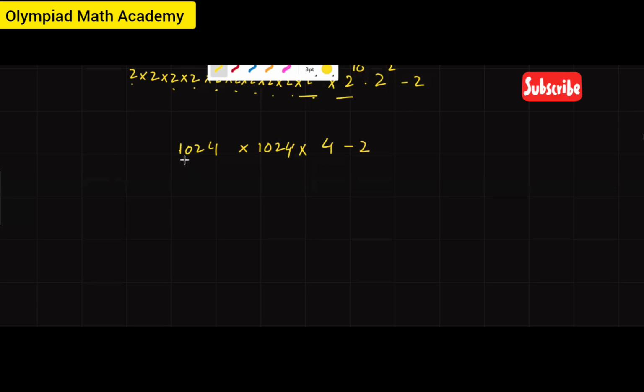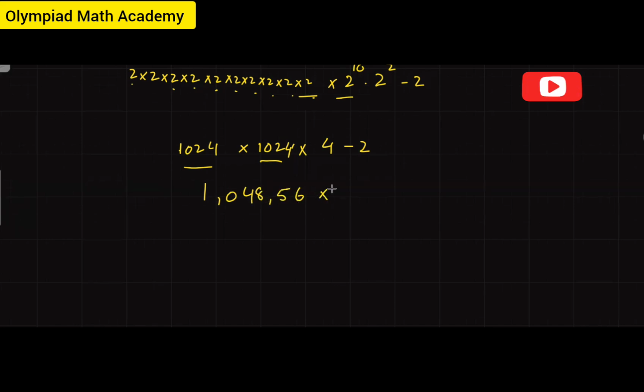The answer to 1024 times 1024, if I multiply these two numbers, is 1,048,576. It can be written in this way: 1,048,576. Now I have to multiply 4 into it, and then I have to subtract 2 from it.